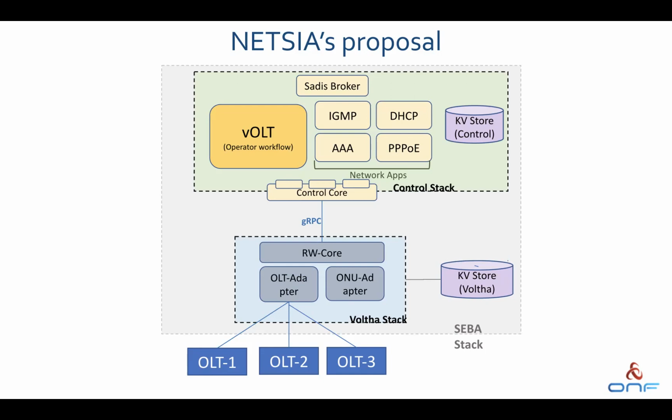So actually, when I started looking at this, I thought it was an extreme, meaning that everything is a container. But actually looking better at it, it's very similar to what the original ONF proposal was, because the IGMP, DHCP, EAP, and PPPoE are applications that can be dynamically loaded and unloaded, and those present the challenge that it could take away resources because of the gRPC communication and the vOLT app as well.